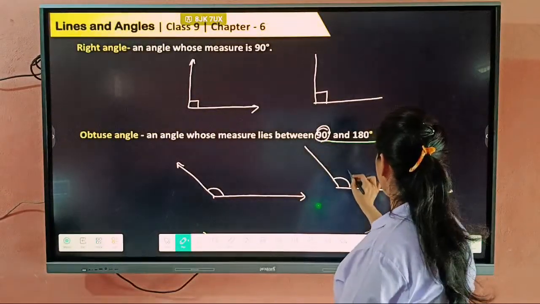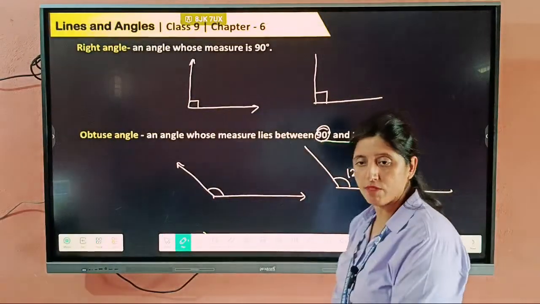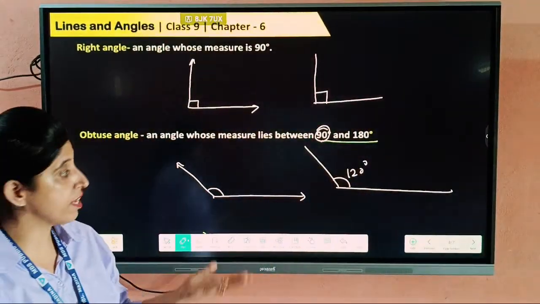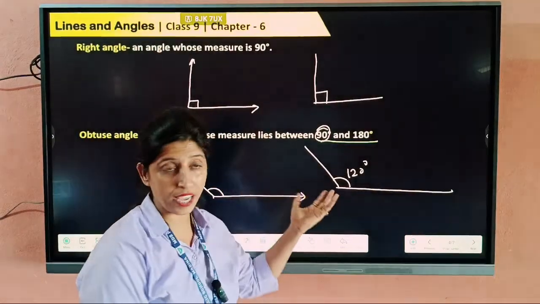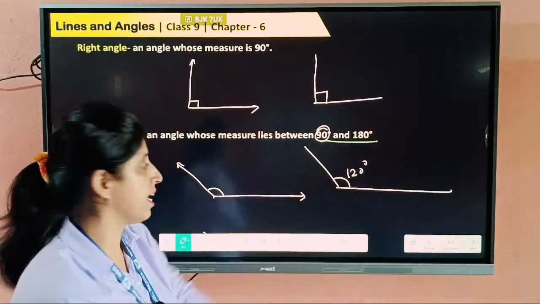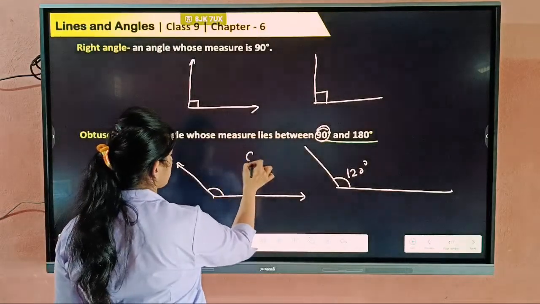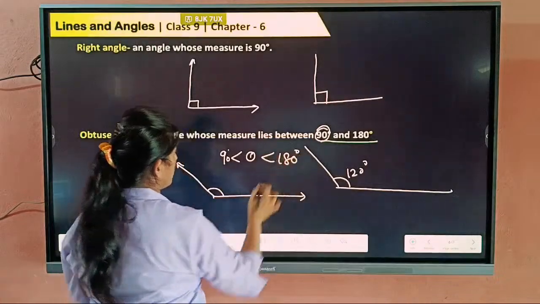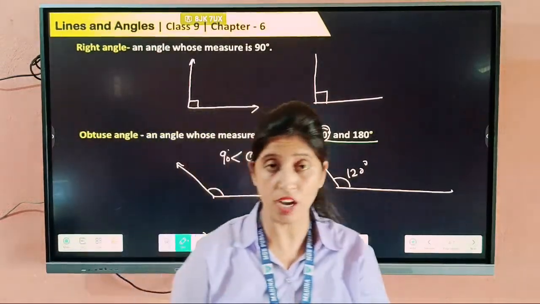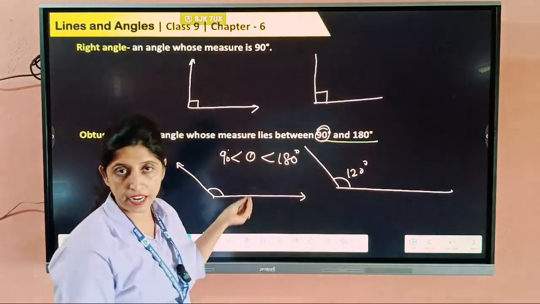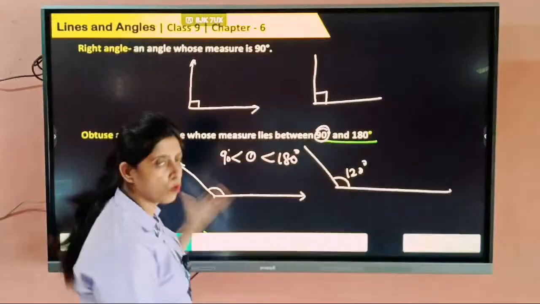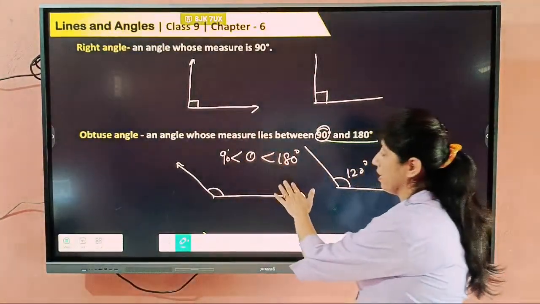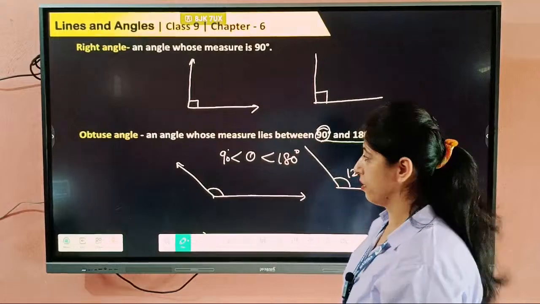In this form, it can become 120 degrees, 130 degrees, 170 degrees, 175 degrees. These are all obtuse angles, meaning more than 90 and less than 180. 91 degrees will also come in this, and up to 179 degrees can come in obtuse angles. So obtuse angles are those angles whose measure is greater than 90 and less than 180 degrees, right?